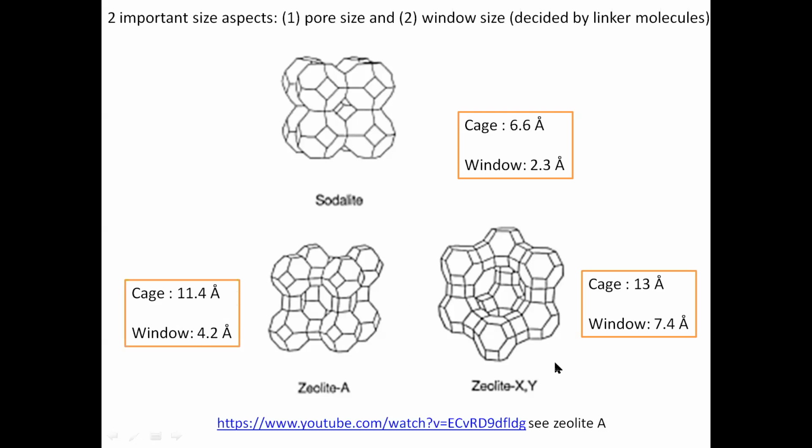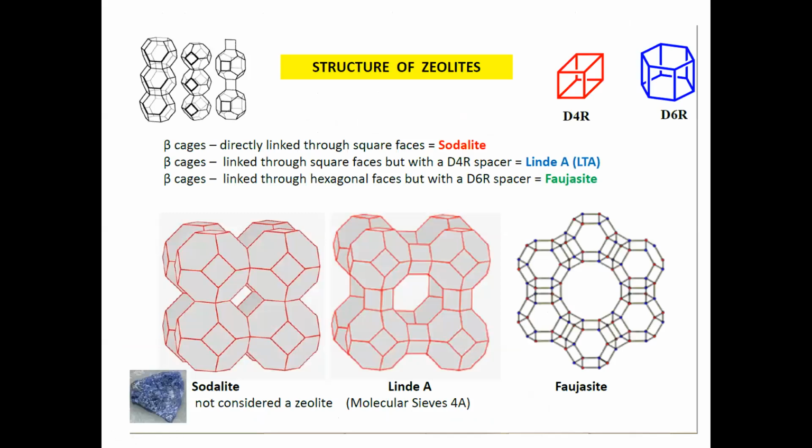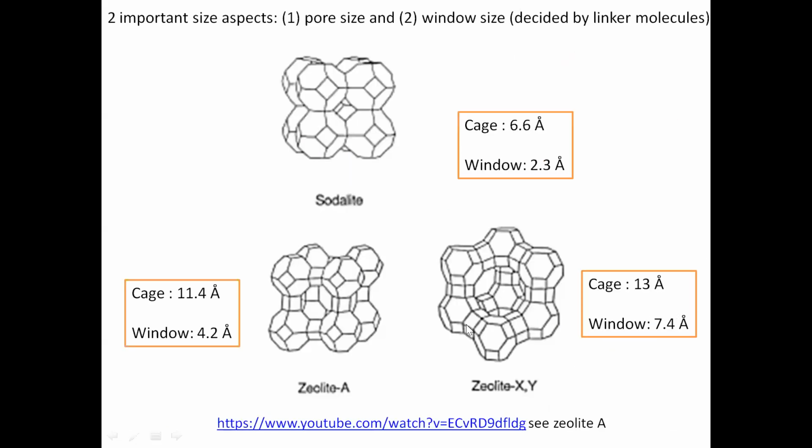If you go to zeolite X and Y, where the linkers are hexagons, D6R, the pore size is 1.3 nanometer and the window size is 0.7 nanometer.